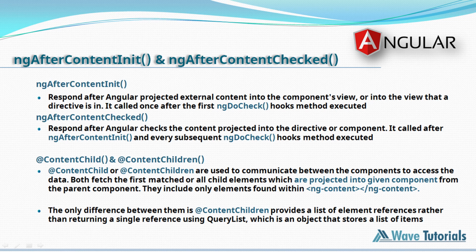They include only elements found within ng-content, whereas in our previous lifecycle hook methods we discussed, ViewChild and ViewChildren are used to fetch the matched element from the child view template directly to the component, whereas @ContentChild and @ContentChildren fetch the elements which are projected into the given component, and this is the only major difference between them. So we will do a practical session and I will show you the difference between them. So let's open Visual Studio Code and see a practical session with this lifecycle hook method.